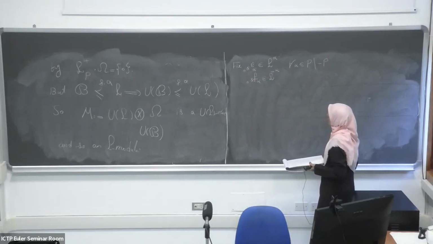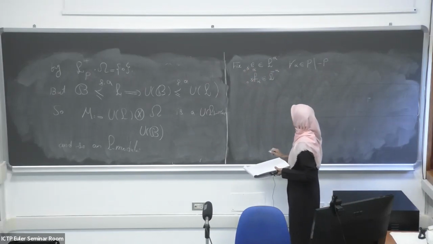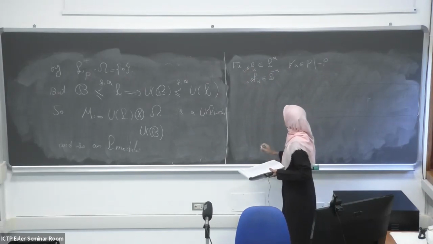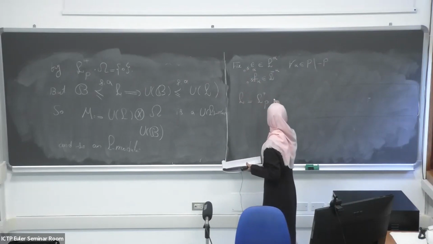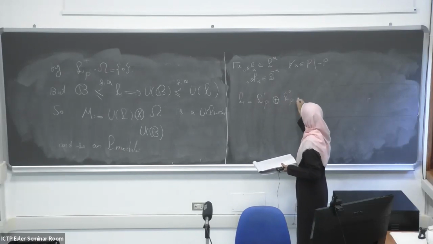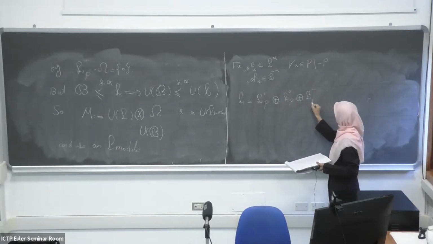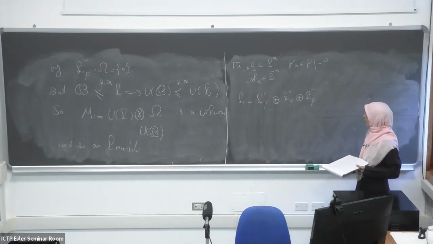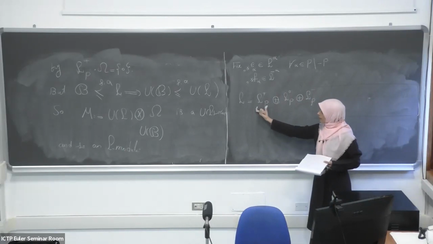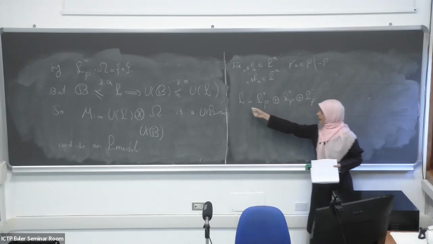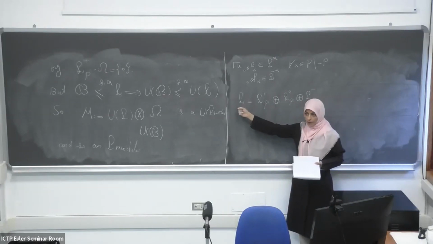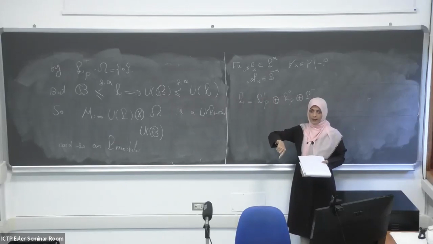Okay, and what we have is L is L plus P, direct sum L null P, direct sum L minus P. And when we consider this one, if you fix a basis for this part, a basis for this part and a basis for this part, you can get a basis for L. And when you have a basis for L, you have a basis for UL, right?